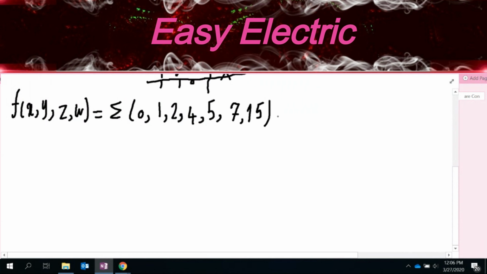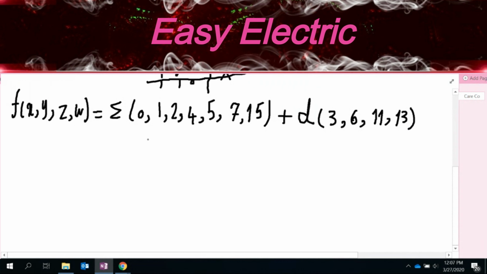Usually whenever the function has don't cares, they represent them with a plus d and give the numbers of the don't cares. You have a don't care in 3, in 6, in 11, and in 13.